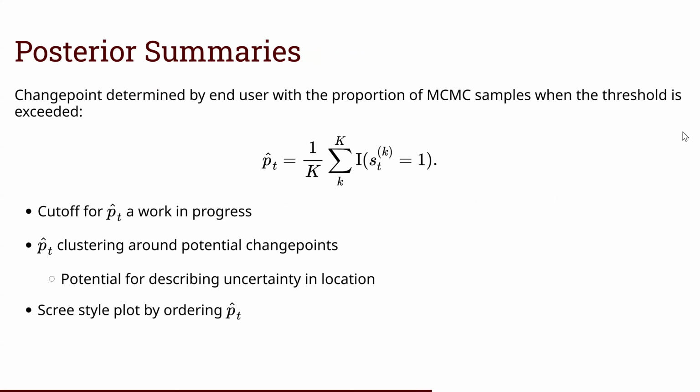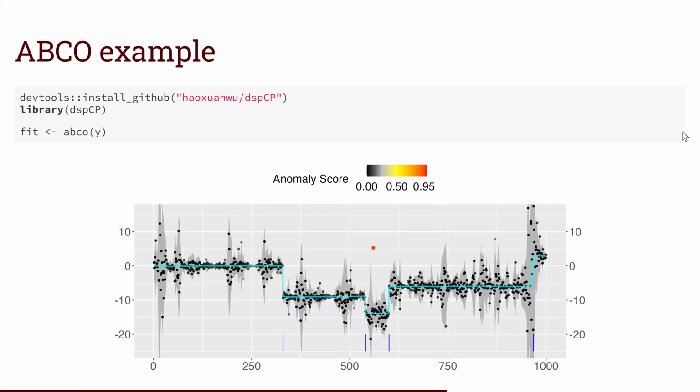Once you fit the model, you still have to decide from the model fit when you have a change point. So you can summarize how many of my MCMC samples told me that this time period should be a change point or not, and what this proportion is. This is very much still work in progress, but this is an illustration of a case where you do have very nice big jumps in your data, with all of the components that this model can handle.